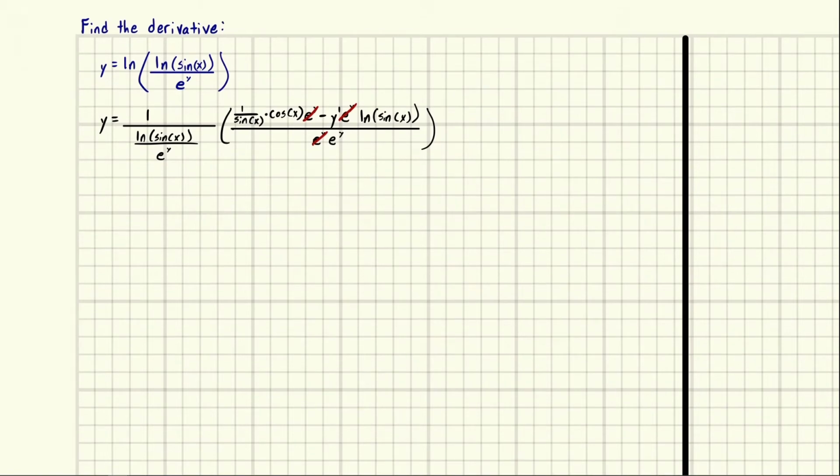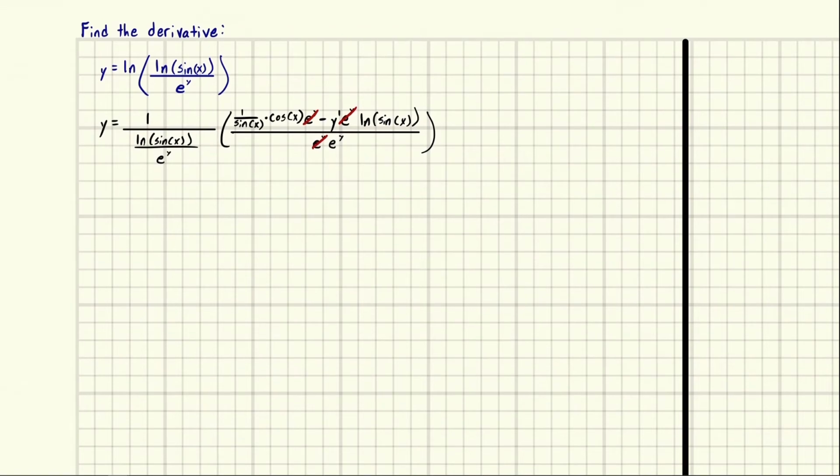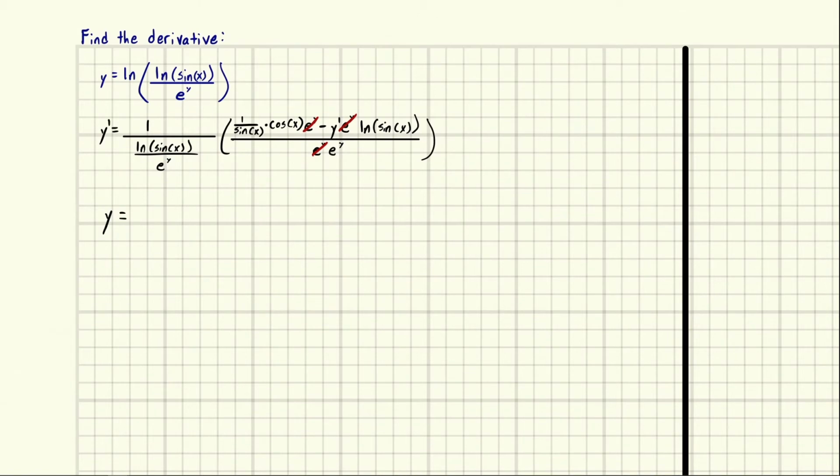Let's see how much simpler we can make this, because it looks kind of like a mess. The first thing we can do is flip this fraction and write it on top so that we don't have a complex fraction. We took the derivative, so this is a y prime. So we're going to have e to the y.